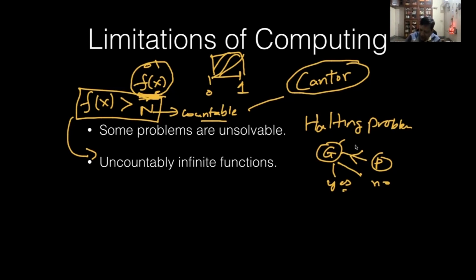But f of x is uncountable infinity. That means there are some functions which cannot be obtained by any program. Those functions can be approximated by some program, but they cannot be obtained exactly by any program. So this is another way to say that there are functions which cannot be programmed, or we cannot write a program to generate that particular f of x.